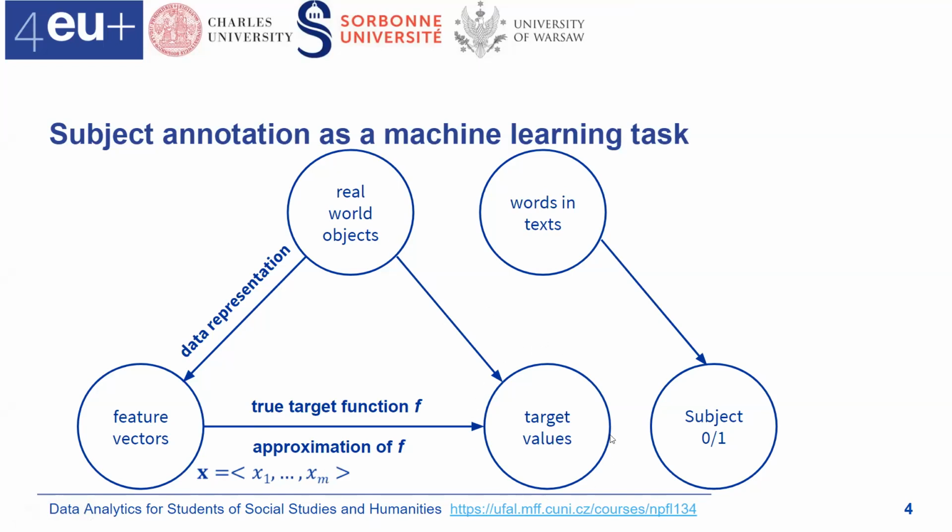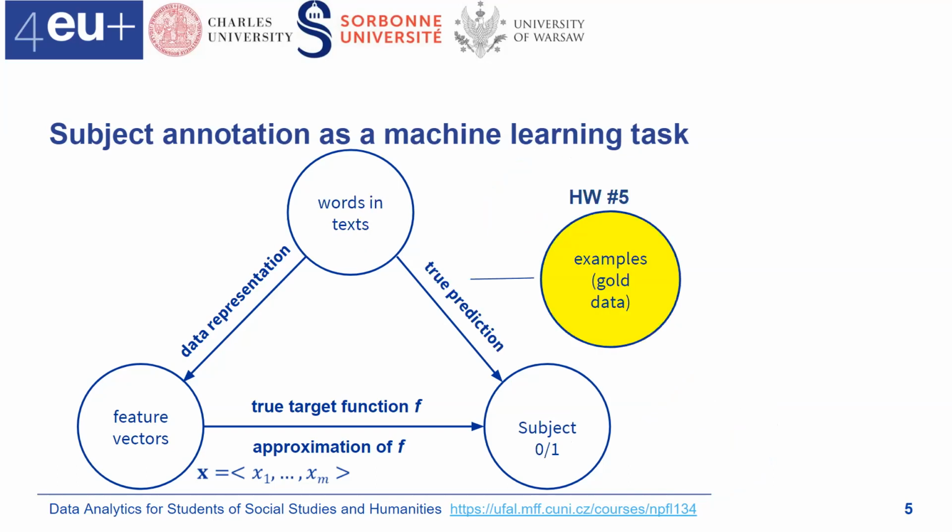Then this node in the triangle visualizes target values. In our task, we do classification. For each word, we are saying whether it is a subject or not. So it is a binary classification task with just 2 target values, 0 and 1.